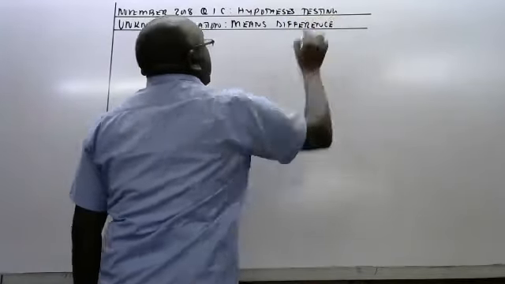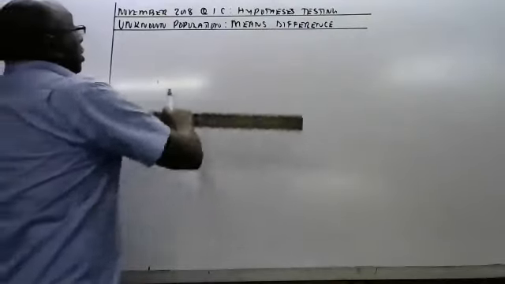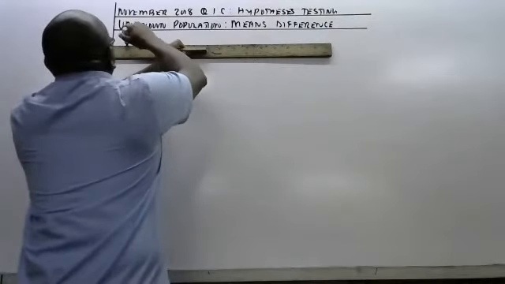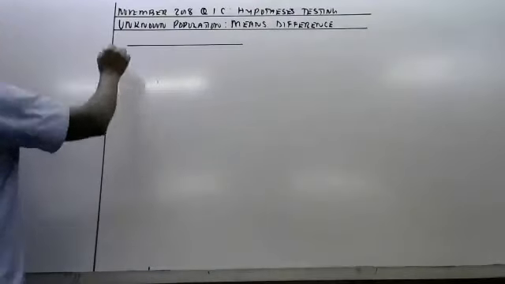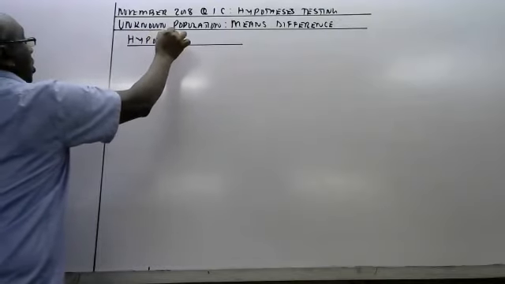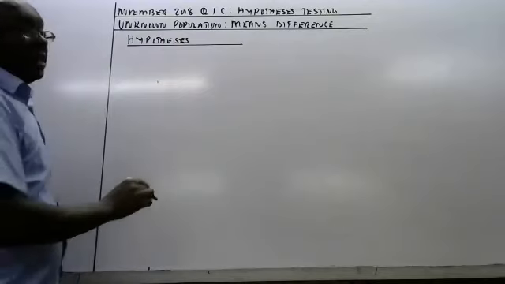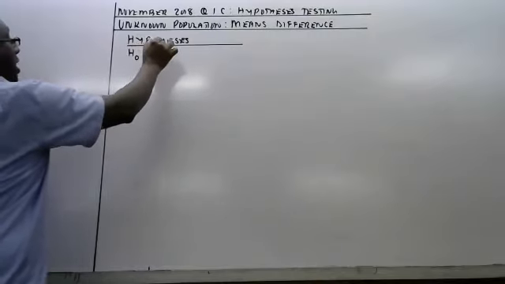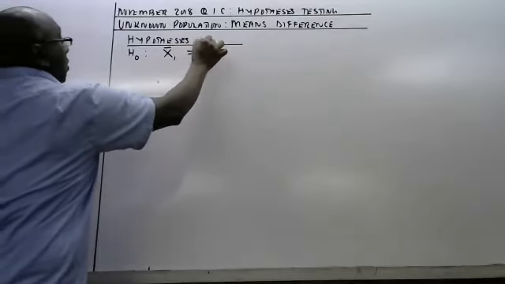That being the case, the first step we know is always to come up with the hypothesis. So the null hypothesis will be saying that x bar 1 is equal to x bar 2.